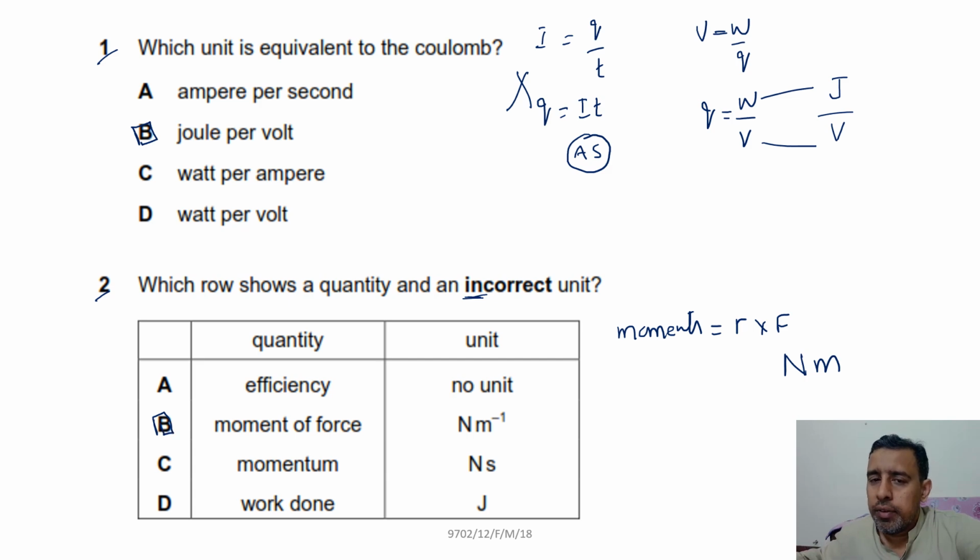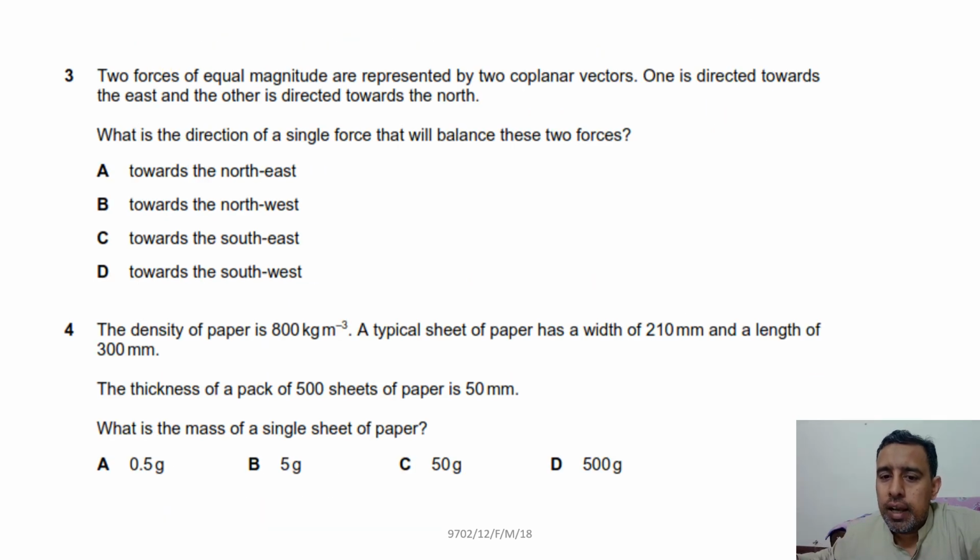Now question number 3. In this we have two forces that are coplanar forces. Coplanar means the forces acting in one plane. The direction of one force is in this way, east, and the direction of the other force is in this way, it's north. To get the resultant of these two forces, the resultant vector must be in between.